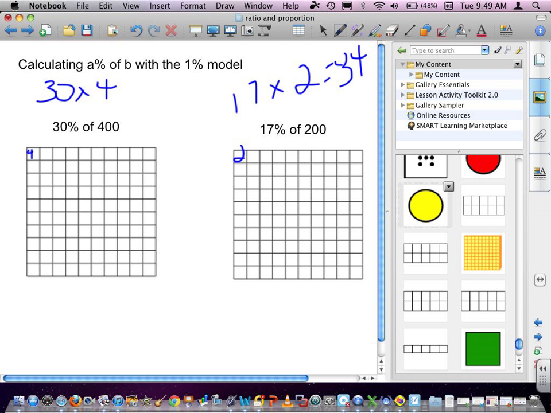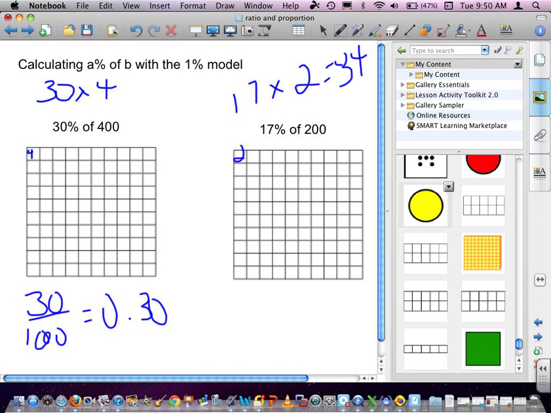So let's talk for a minute about why that works. If I'm taking 30% of 400, what is that percent as a decimal? 0.3. How do you know that? Because it's 30 out of 100, which we can write as 3/10 or 30 hundredths. So we can always take a percent and write it as a decimal or a fraction.